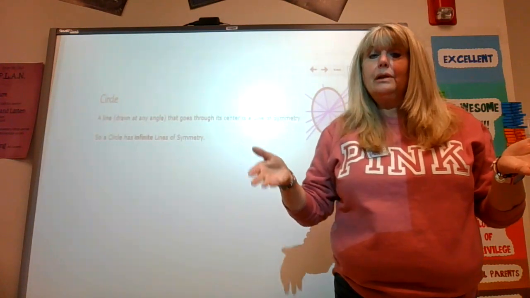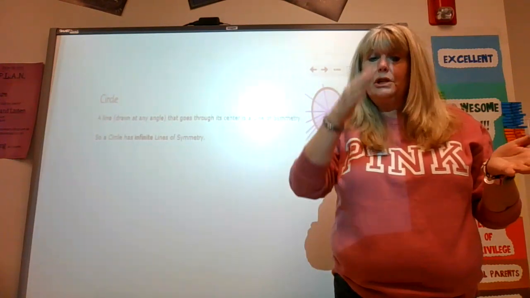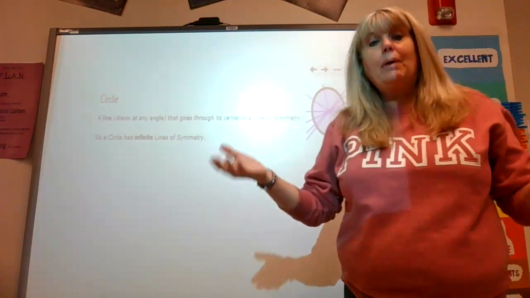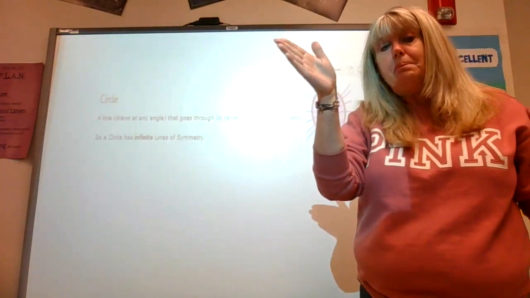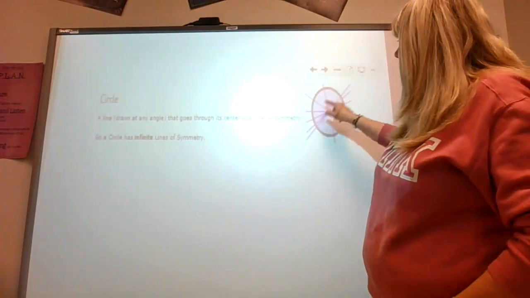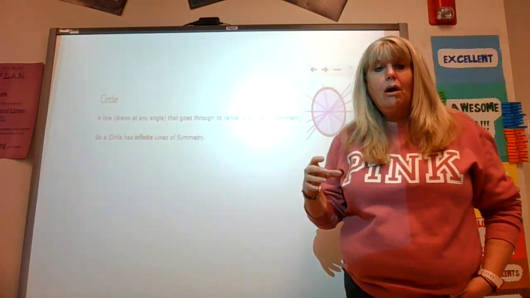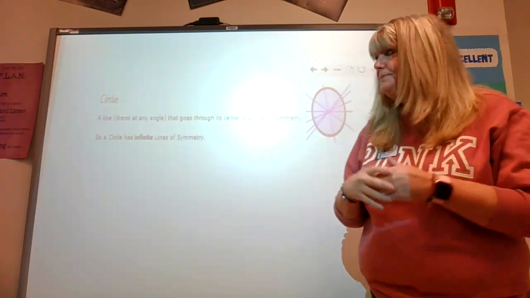Even if you drew a line of symmetry on each one of the degrees, you would have 360 lines of symmetry. However, you can just make little bitty movements, and that's why they say that on a circle, the lines of symmetry are an infinite amount.